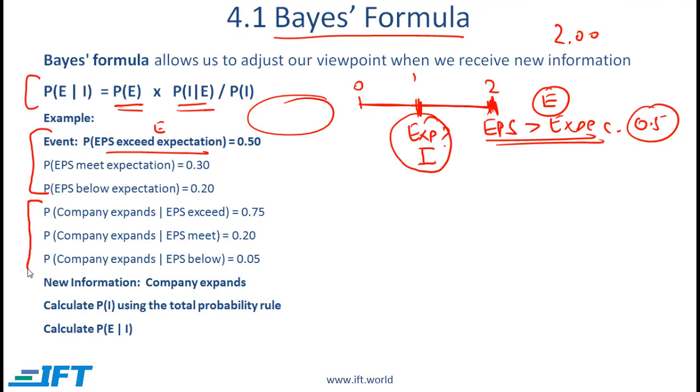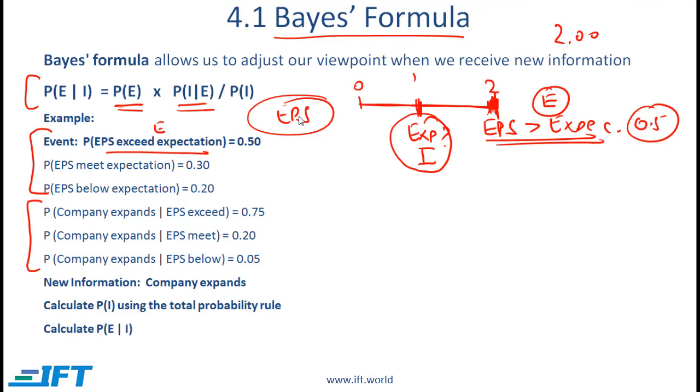Let us also look at some conditional probabilities. The probability that the company expands given that EPS exceed expectations is 0.75. The way you can think of this is as follows. The company management, which is ultimately announcing the EPS, already knows the EPS number.